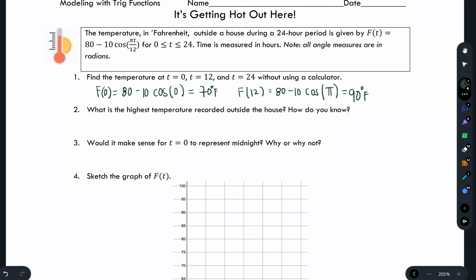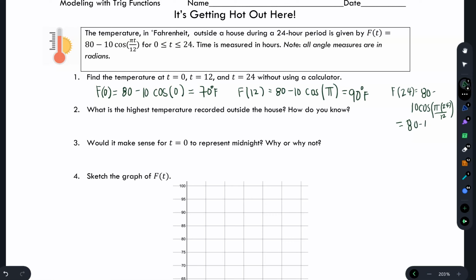And 24. So f of 24. So we'll say 80 minus 10 times cosine of, so that's going to be what, a 2 pi?